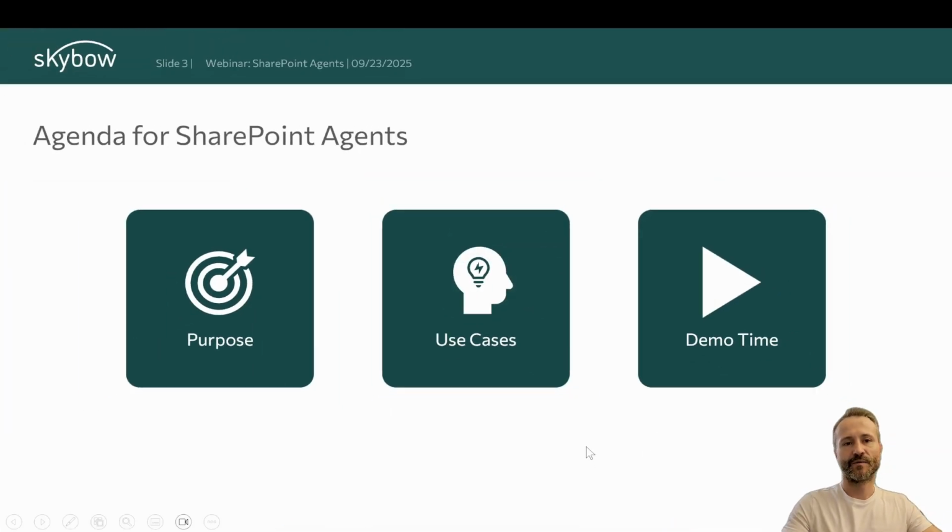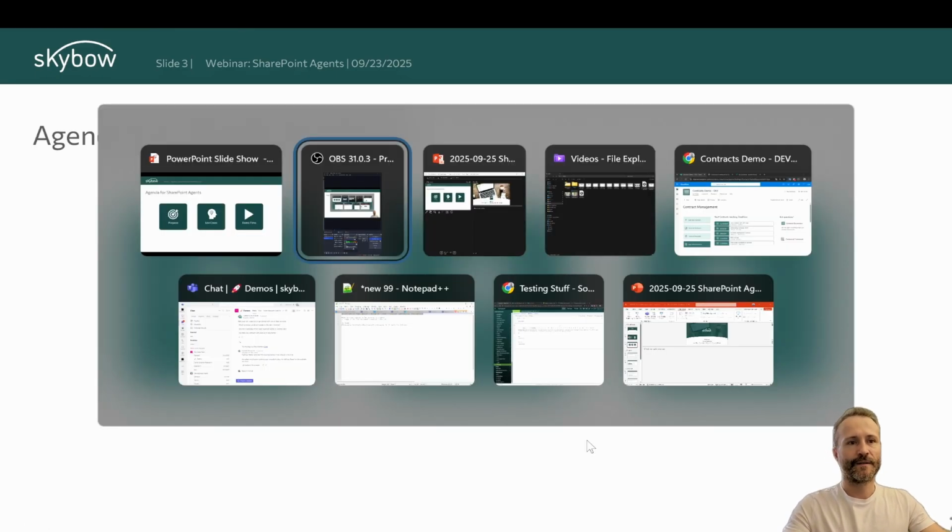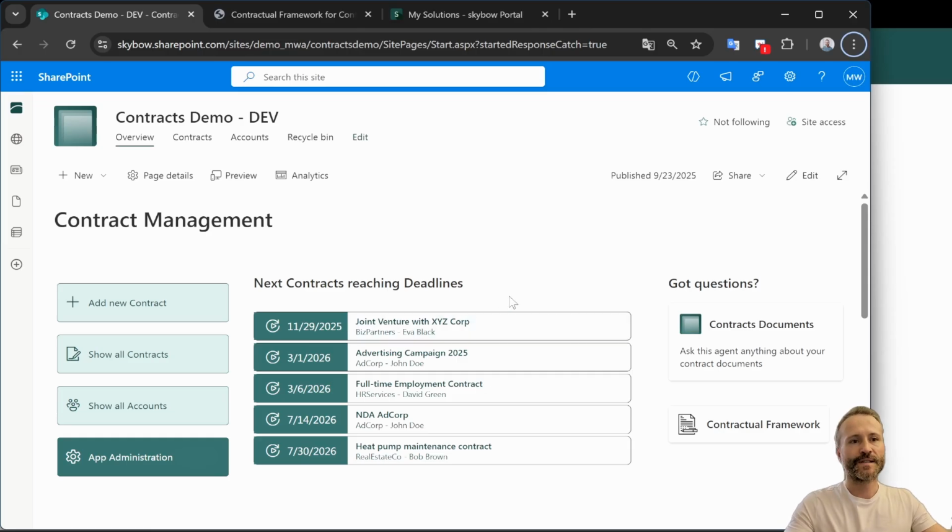All right, so then let's jump into the demo. As I said, I will use our contract management solution, which is also available in Microsoft Teams Store and as a template on Solution Studio. Here you see I have this agent icon.